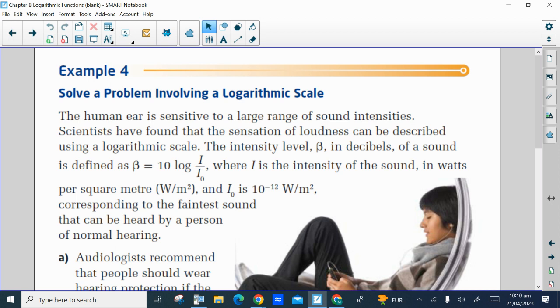The intensity level, beta, that's just the Greek letter beta, in decibels of a sound is defined as beta equals 10 log I over I sub 0, where I is the intensity of the sound in watts per square meter, and that is in watts per meter squared. I sub 0 is 10 to the negative 12 watts per meter squared, which corresponds to the faintest sound that can be heard by a person of normal hearing.